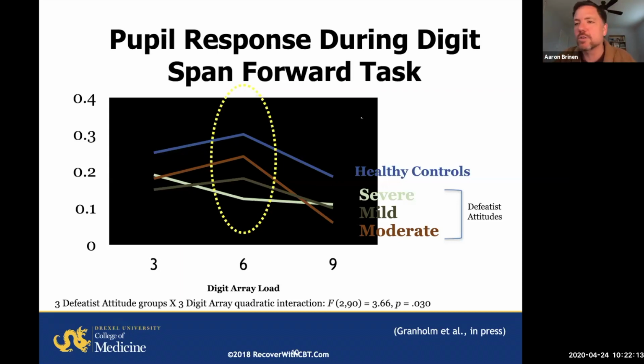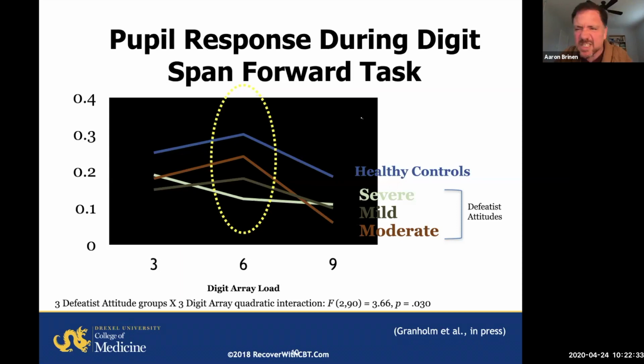He had them do a simple task that required a little bit of effort and becomes more and more effort. It's called digit span forward. Essentially, all digit span forward is I ask you to repeat back 3 digits, right? 5, 7, 9, you go 5, 7, 9, and then they add 1 digit on as it goes forward.